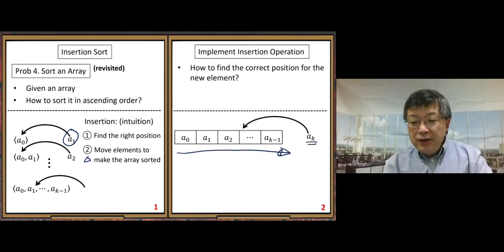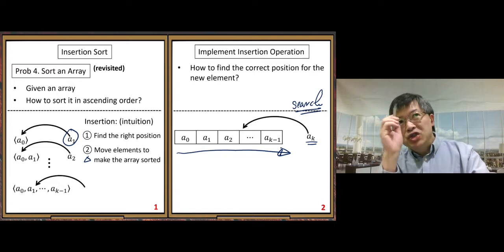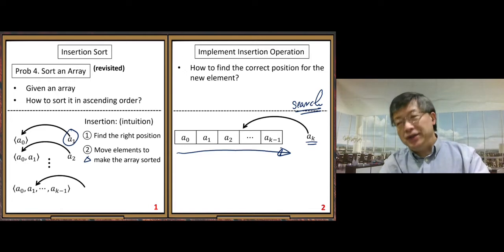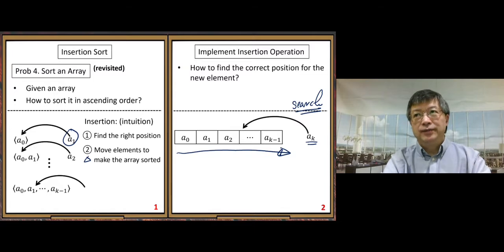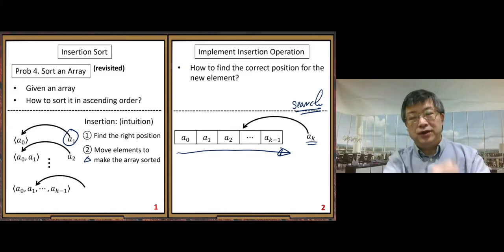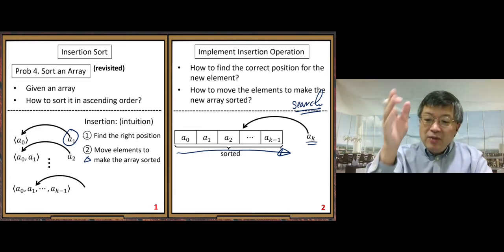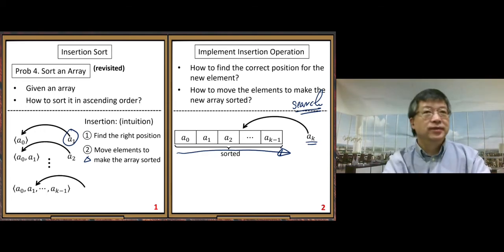Now you need to put a new element somewhere in the array. That is a search operation, right? Now you need to do a search operation in the sorted array. How to do it? Here I just put a question there. Later we will look at the answer. Next, how to move the elements to make the new array sorted? Shifting operation.